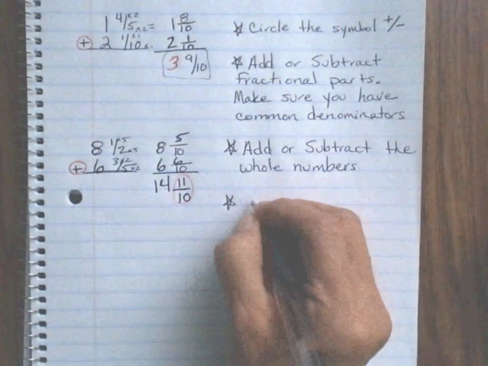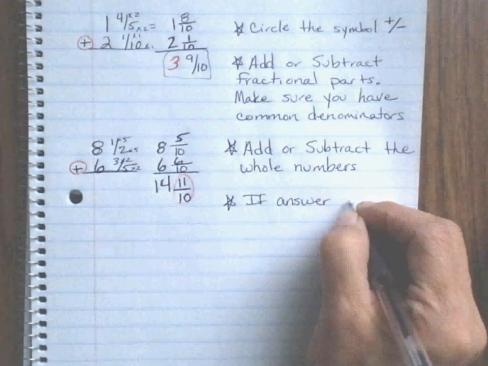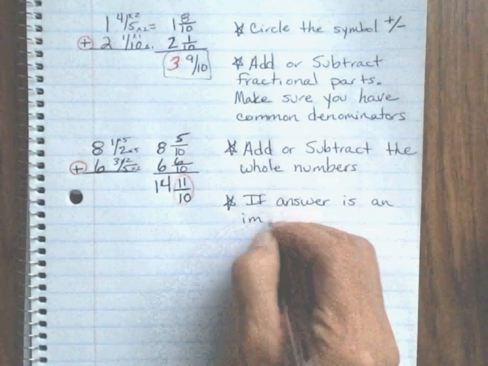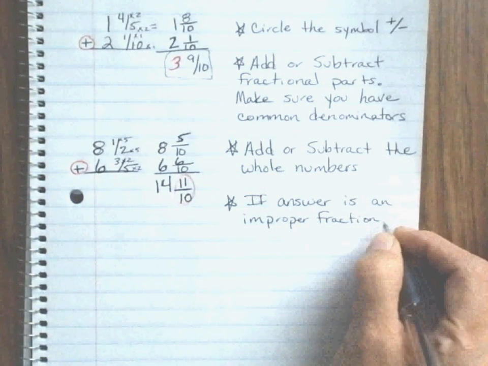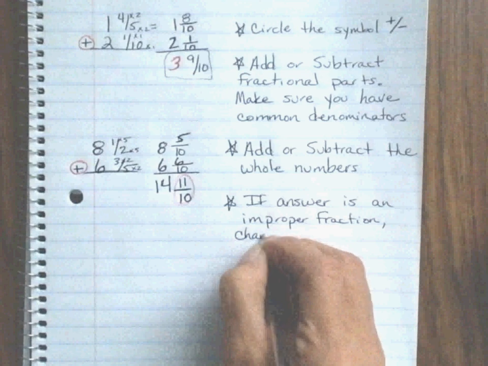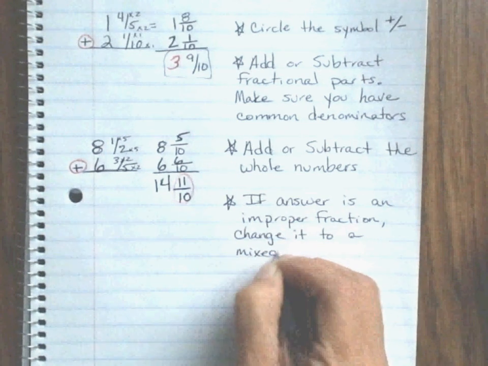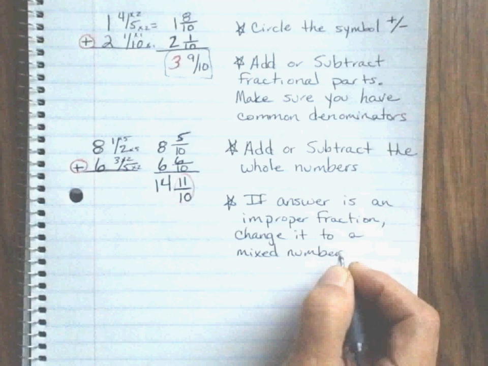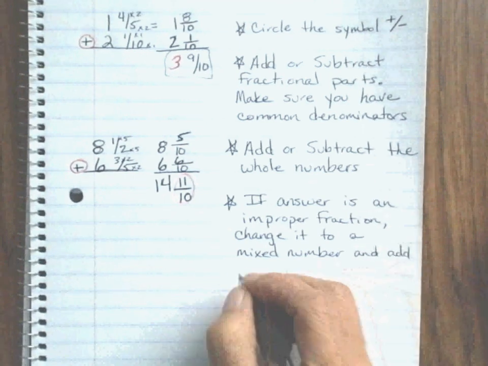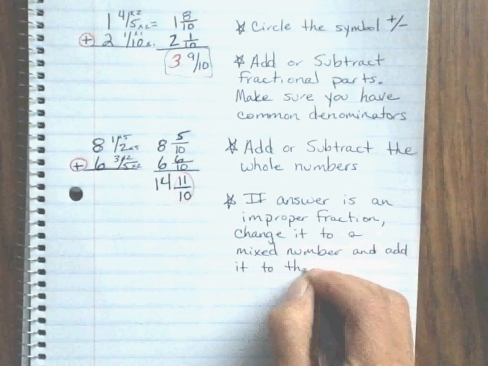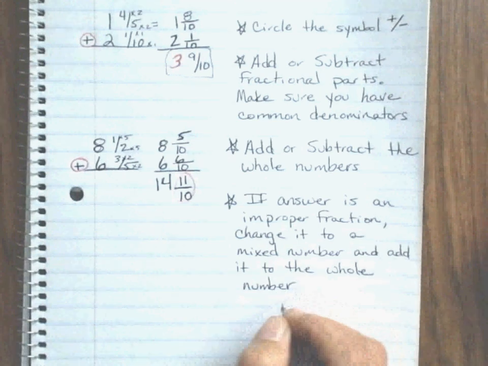So, if the answer is an improper fraction, change it to a mixed number and add it to the whole number.